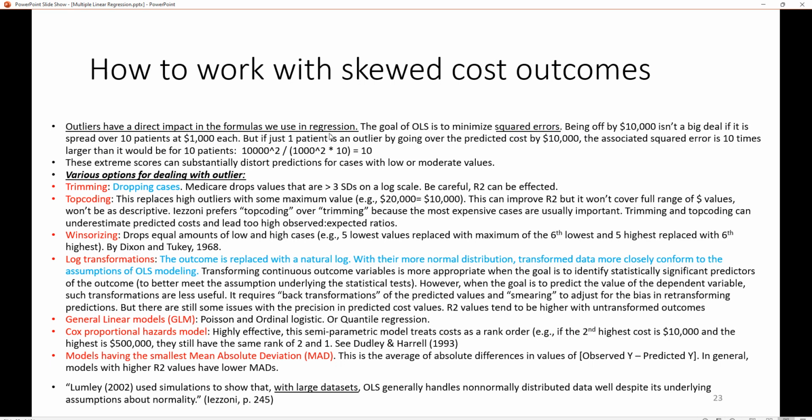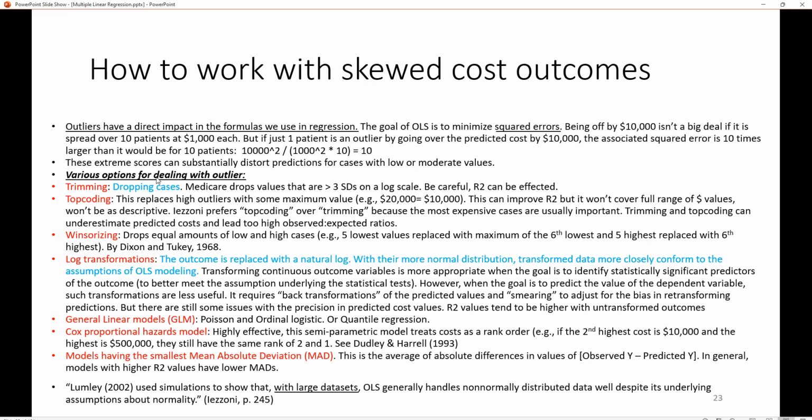But if just one patient is an outlier by going over the predicted cost by $10,000, the associated squared error is 10 times larger than it would be from 10 patients at that $1,000 difference. So just one outlier can have a big impact on that regression. It can affect your R-squared, and it can actually pull that regression line towards it.